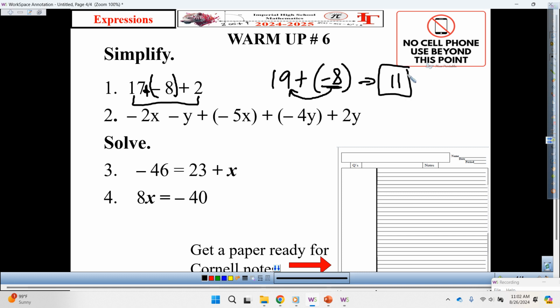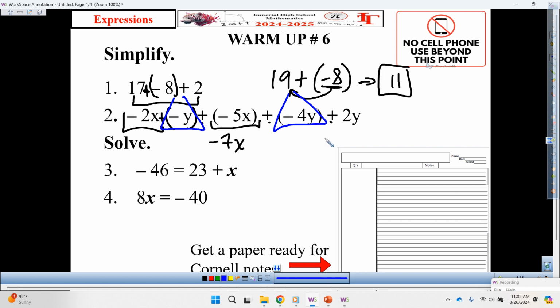Again, here's another negative right here for number 2. Group it, put a plus. And do we have addition all through? Here, here, here, and here. Yes, combine like terms. Negative 2x, negative 5x, that's negative 7x. But we have a different variable now, negative y, and then negative 4y, that's negative 5y, yes?